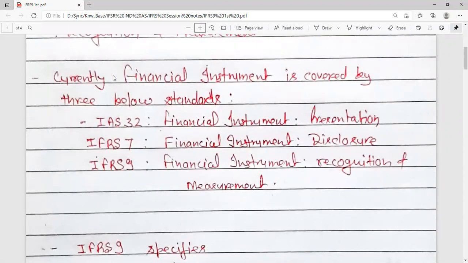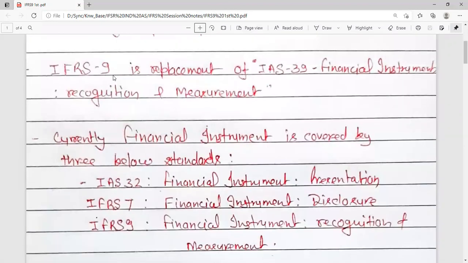As soon as we become a party to the contract, we should recognize it. That means as soon as we enter a contract with our creditor to supply materials, and they actually supply the material, then we can recognize.